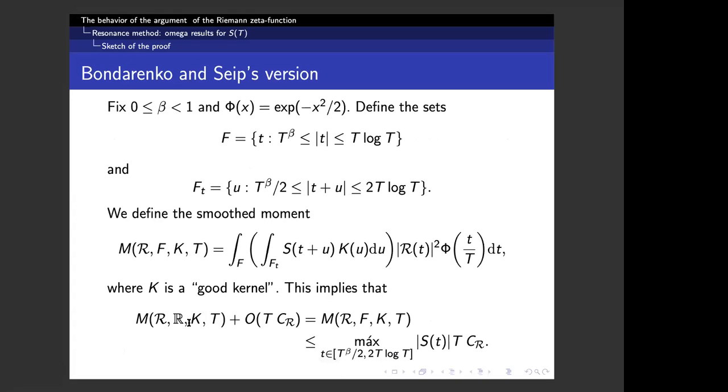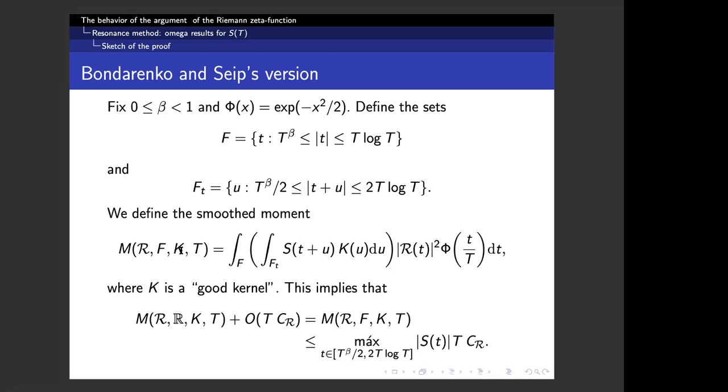Now I would like to review the idea of Bondarenko and Seip. Fix β between 0 and 1, and take φ(x), the Gaussian function. Define these sets here. This condition, you assume T sufficiently large, and let F(T) be the set of numbers such that t plus u lie in this interval.